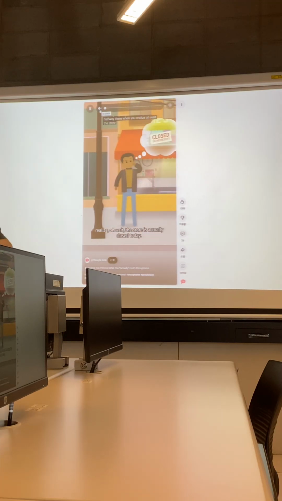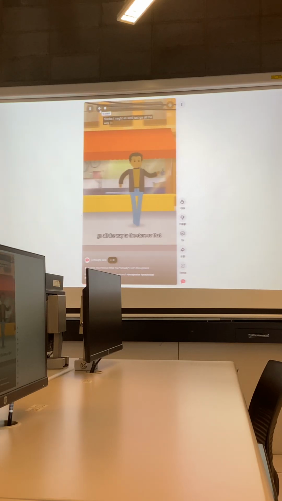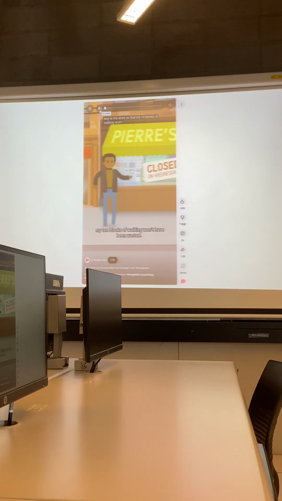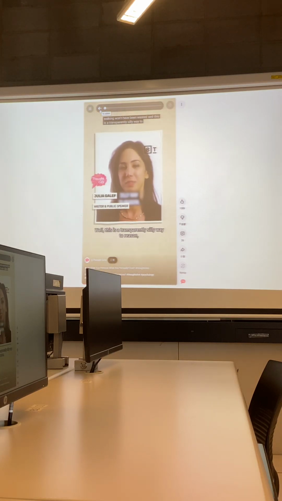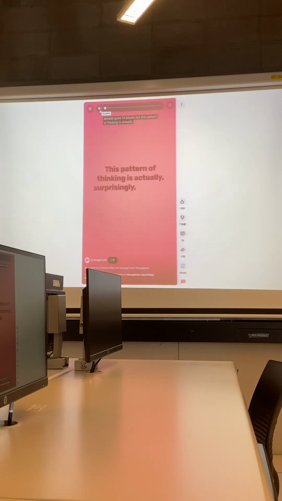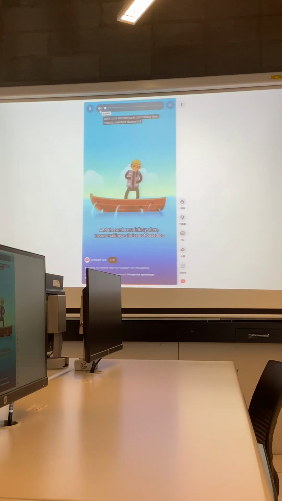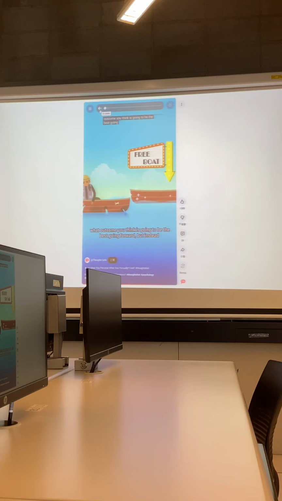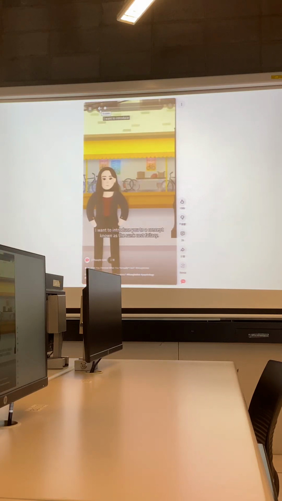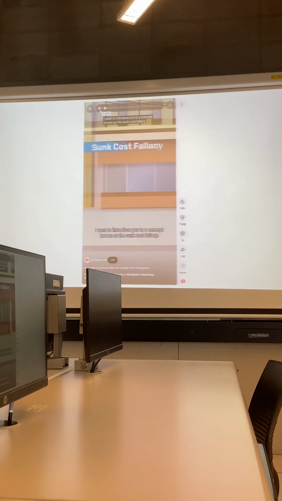They say that if you would like to find a shop and you already walked for 10 blocks, but you cannot find it, and you say, oh, but I'm already here, I already walked 10 blocks, so why not just keep looking. This is what we call the sunk cost fallacy.